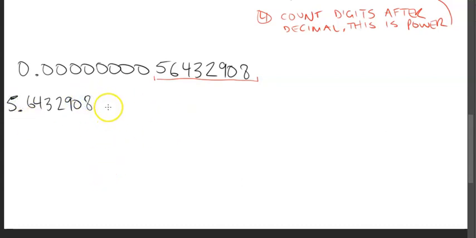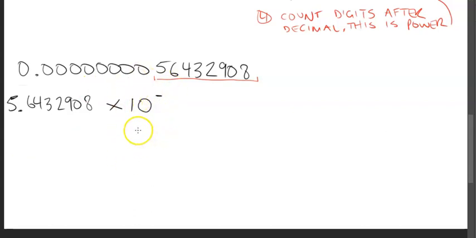Okay. Then the next rule, apply the multiply by 10. Now, this is when the power that we write here is different. It's actually a negative power, okay? So when we have a decimal number and it starts off with a decimal number, your power for the 10 is a negative.